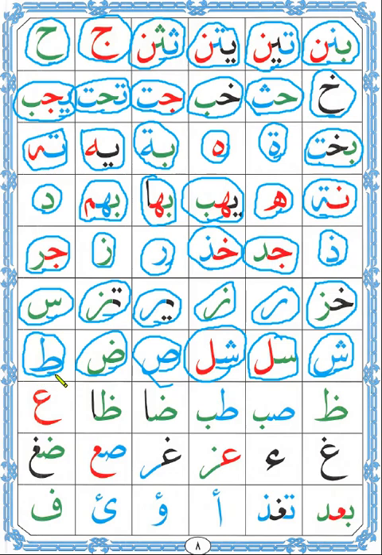This is Ta. And this one is Ta, as the word Tayyib. This letter is Dha, as in the word Zalimun.